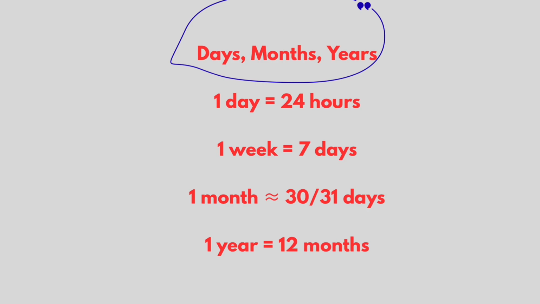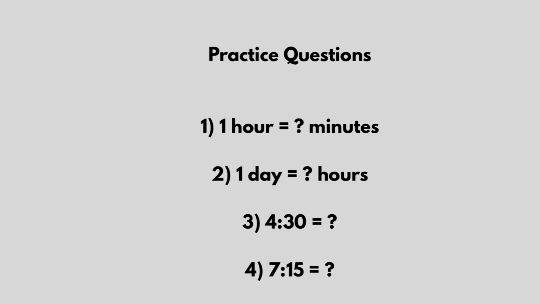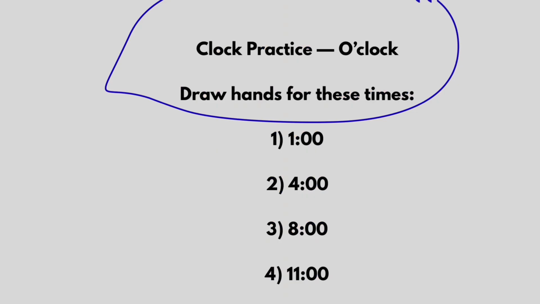Okay, now we see the time ladder. Seconds, then minutes, then hours, then days, then weeks, then months, then year. I have given you some practice questions. You can practice in your notebooks or wherever you want. It's up to you. Okay, you can go see all the slides of the practice work.